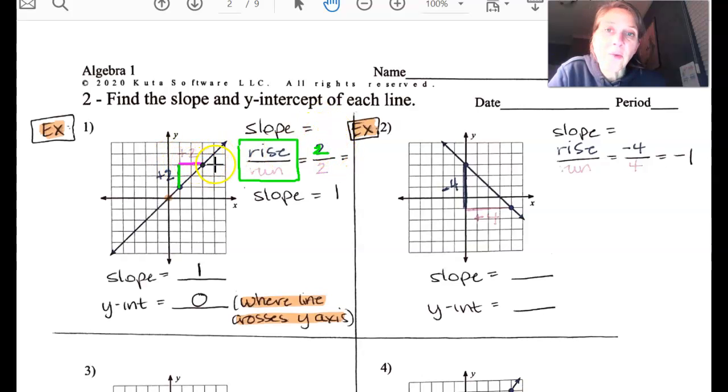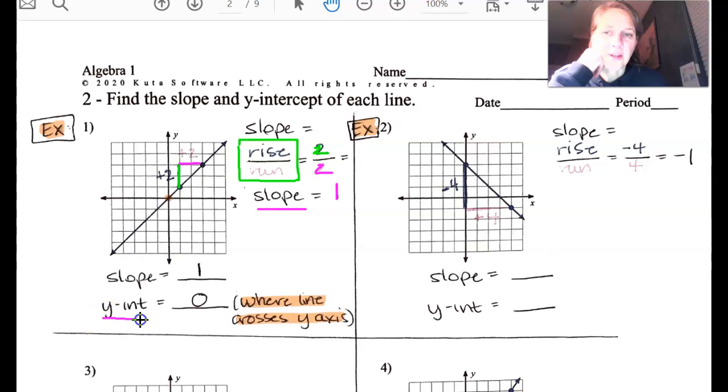And then the run is also 2, so we're going to make that there. We're counting 1, 2. So that is also 2. And then 2 divided by 2 means that the slope itself is 1, because 2 divided by 2 is 1. So the slope is 1.